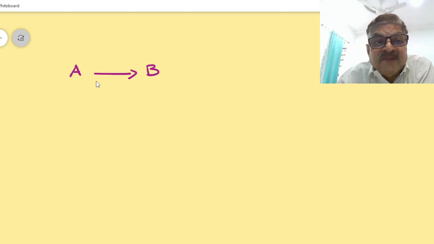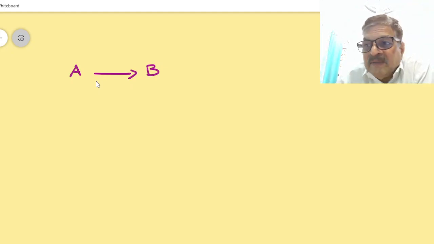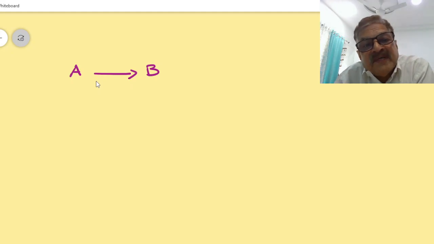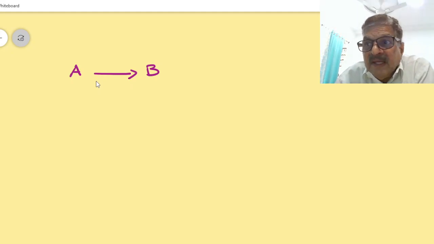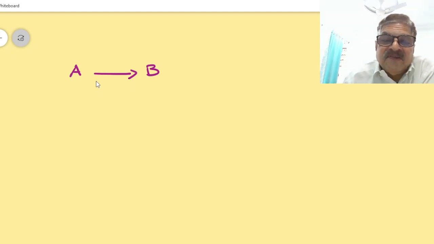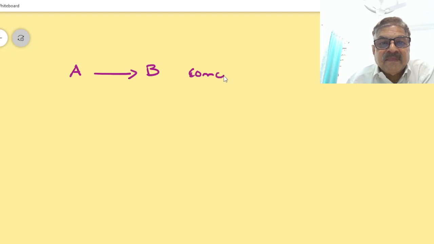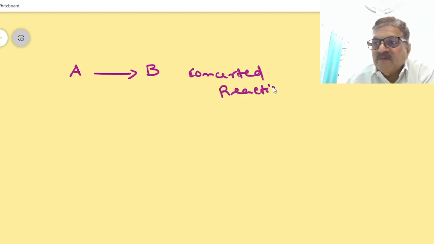Most reactions are complex reactions. They will proceed via intermediates only. Mostly there will be intermediates and the reaction will proceed via several steps. But a reaction occurring in one step is known as a concerted reaction. Concerted reaction means the starting material is directly converted into the product.